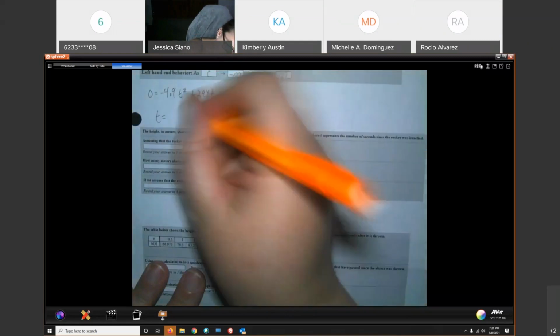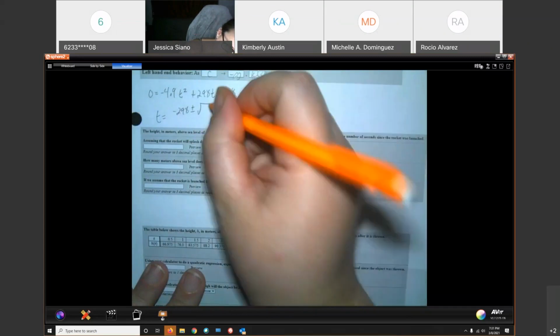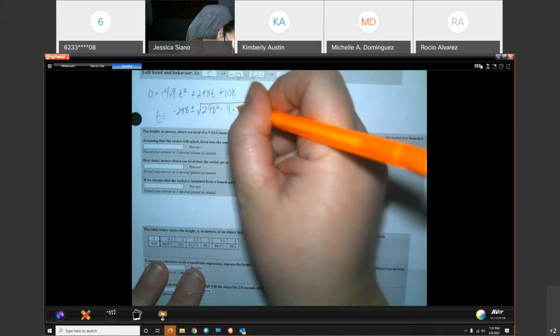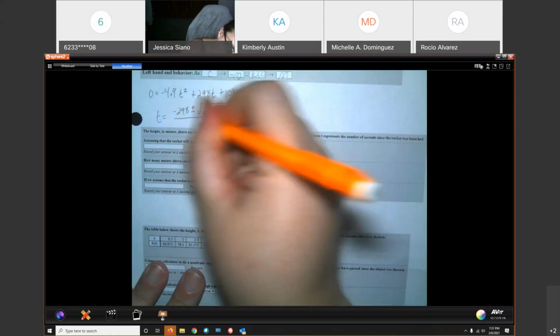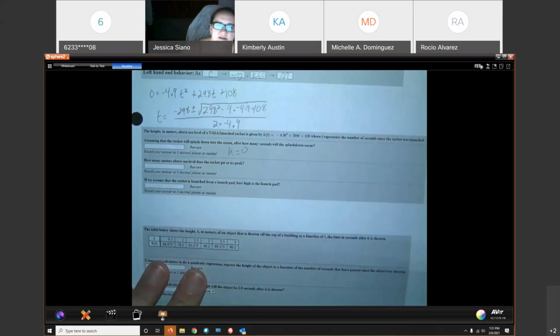So that's going to be T equals negative B plus or minus the square root of B squared minus 4 times A times C over 2 times A.